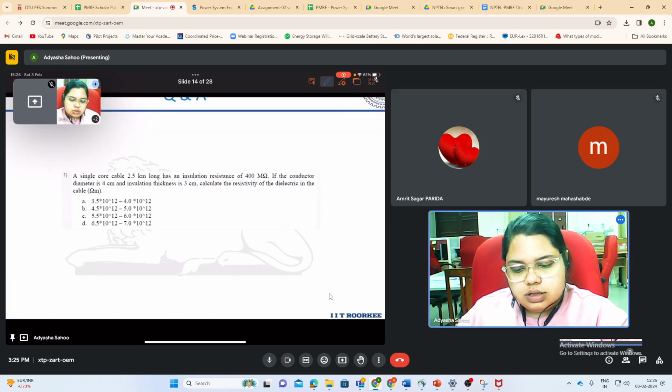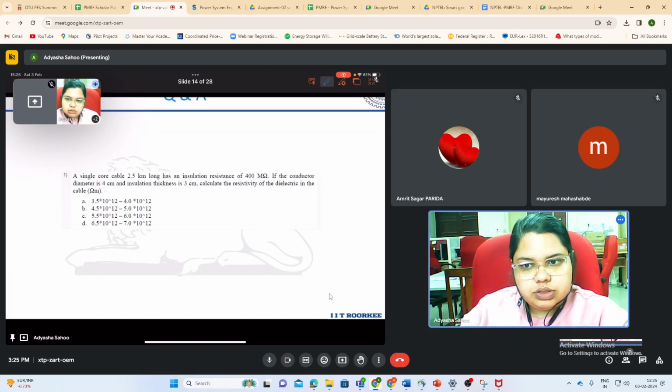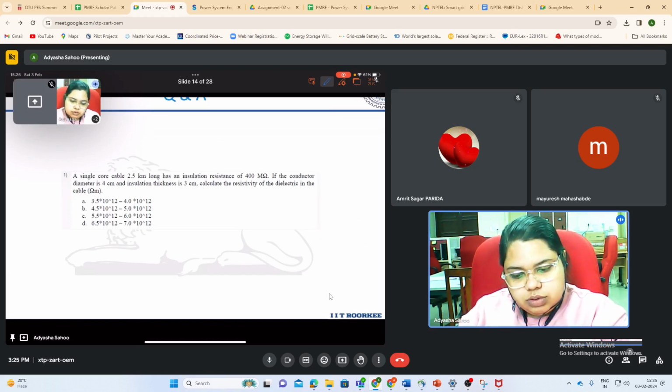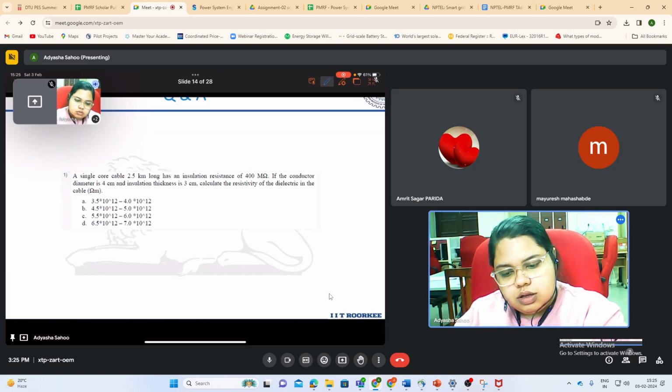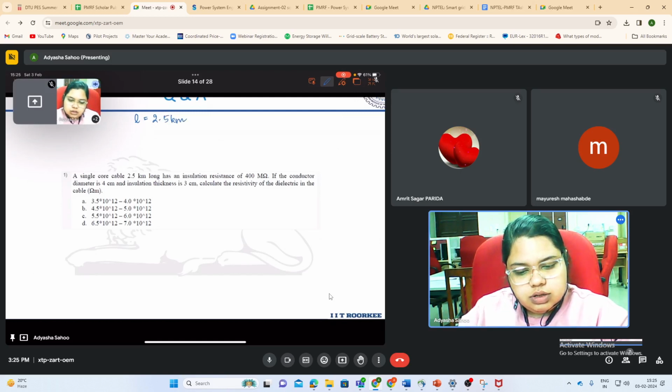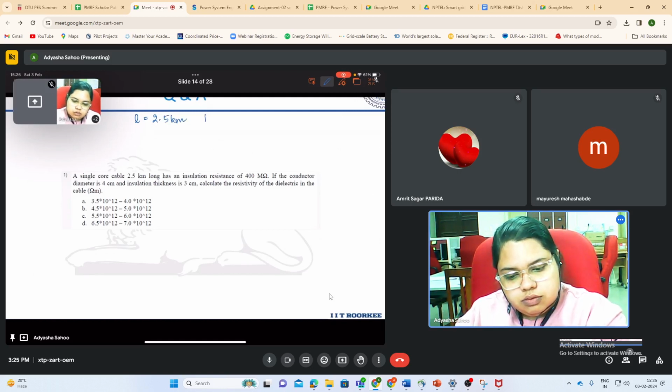It says that a single core cable, which is 2.5 kilometer long, so I have L equal to 2.5 kilometer, and has an insulation resistance of 400 mega ohm.